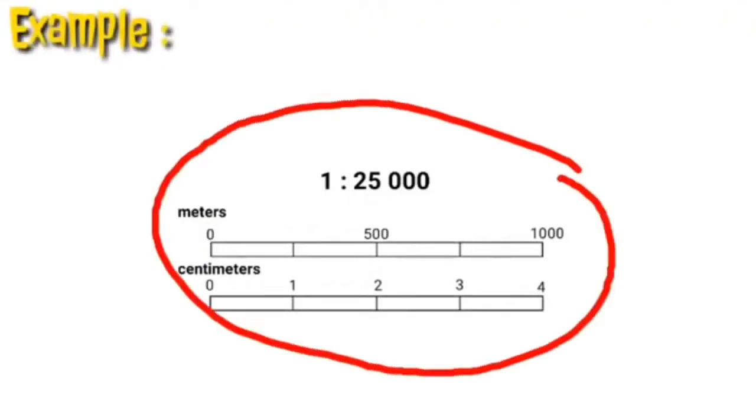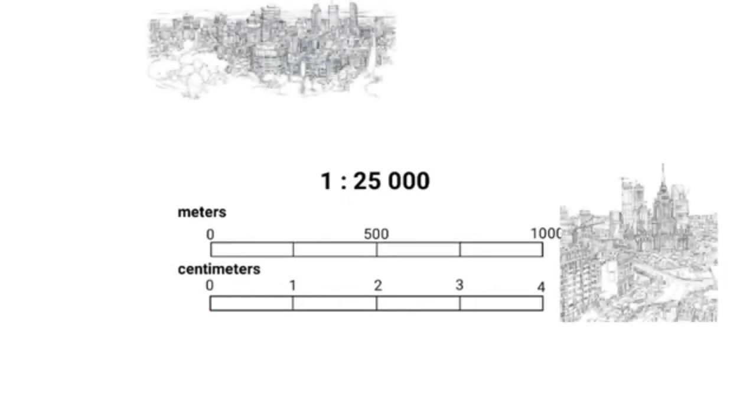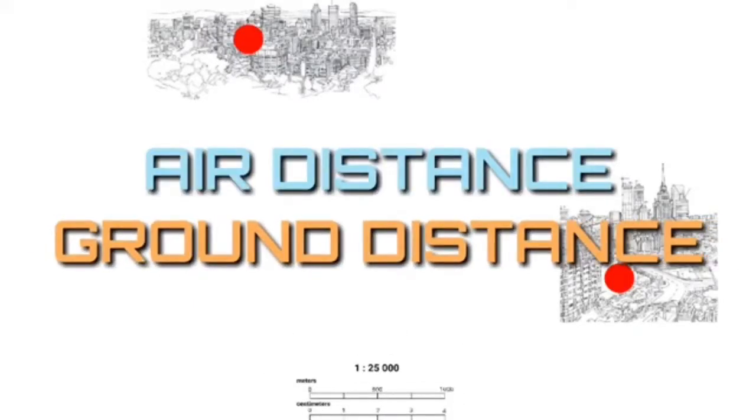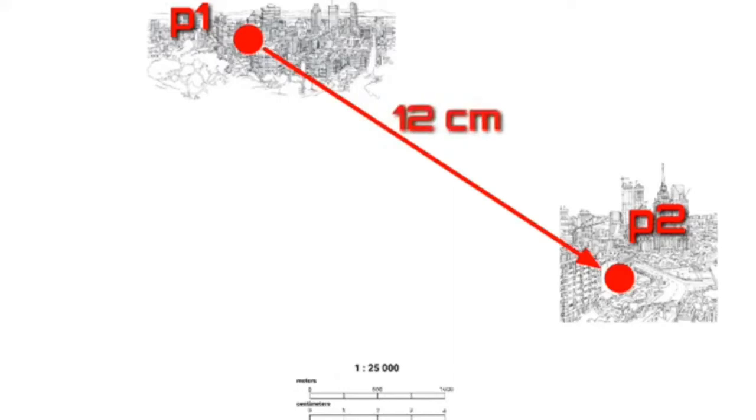For example, this is the scale. In using the map, we will measure the distance between the 2 points. In measuring distance, we have two bases, the air distance and the ground distance. First, I will teach you the air distance from point 1 to point 2. Let's say that this line is 12 centimeters, then let's look at the statement on the map.